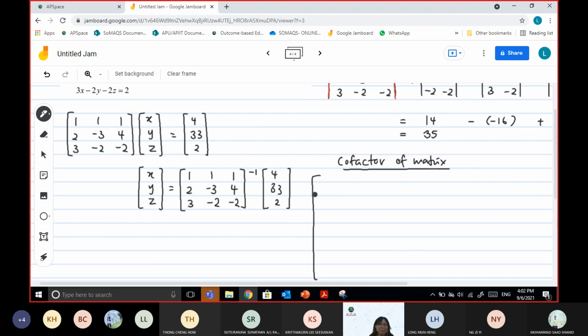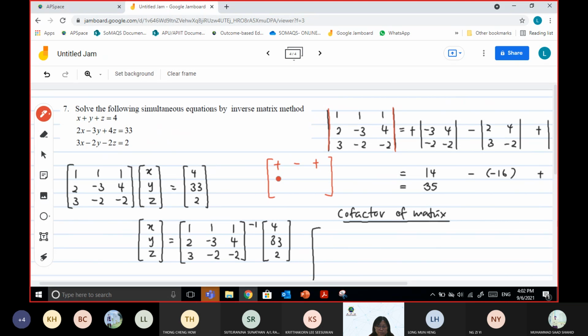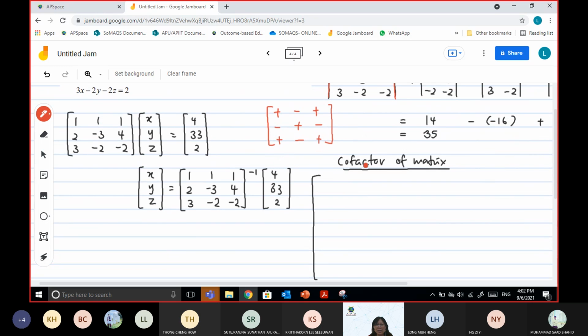Remember the sign pattern. You have to memorize the sign pattern. Let's start with the first one: a positive sign, then a negative sign, then a positive sign.